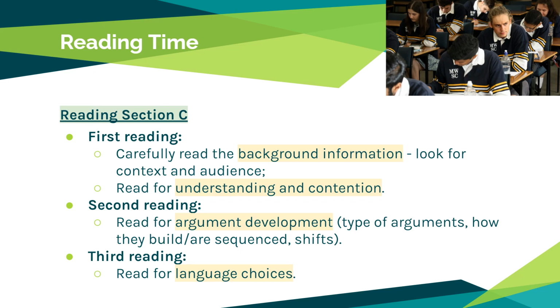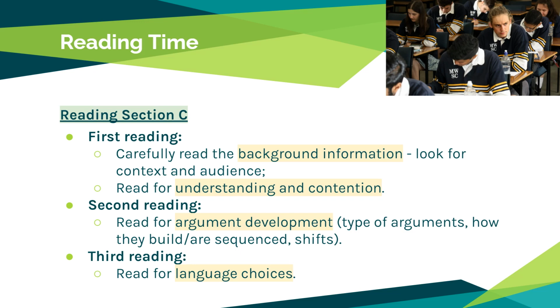You also want to be thinking about how the argument builds and how the arguments are sequenced by the author. And you also want to think about argument shifts and, by extension, tonal shifts. When and where does the argument change, and why does it change or shift at that particular moment? Does the emotion behind the argument change as well, and why?